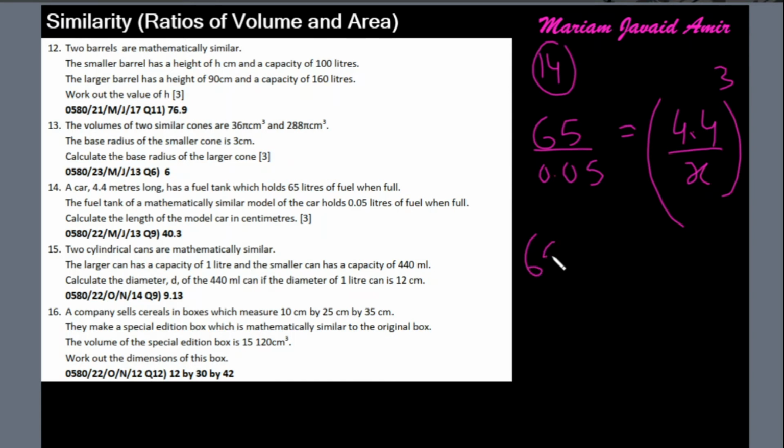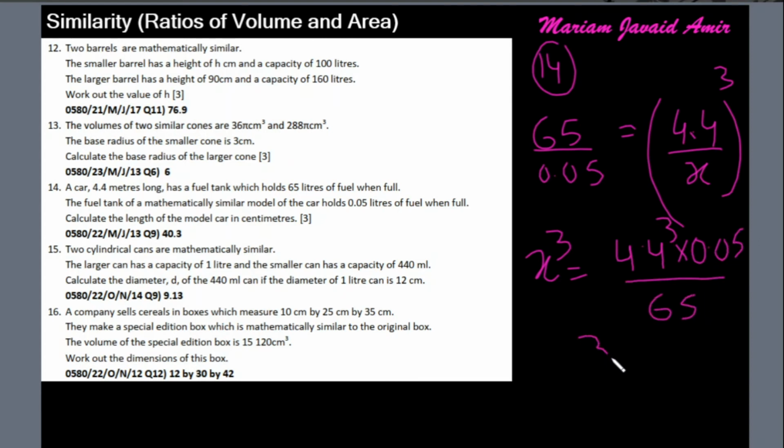So I'm just going to make x cube the subject here, so this will become 4.4 cube times 0.05 over 65, and then we'll take cube root of this. In the calculator I'm going to turn on the cube root key, then inside I'll turn on the fraction key, then 4.4 cube times 0.05 in the numerator, in the denominator 65.